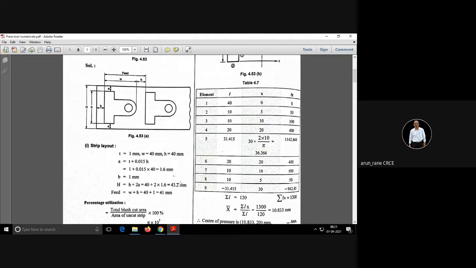When you work in the industry, you may not get 43.2. At that time you don't say, oh, Rane sir told us to use a 43.2 strip. In practice 43.2 will not be available in the market, but here we are assuming that it is available. If you are using 45, there is no harm, but the wastage will be more.